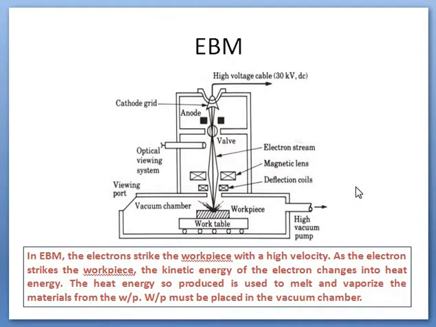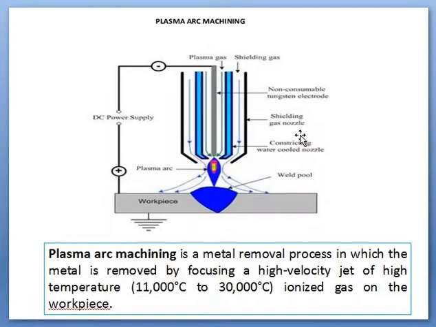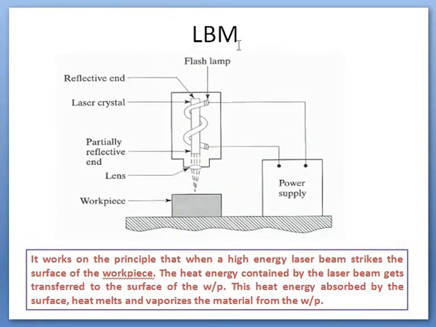The next process is called the electron beam machining process, or in short the EBM process. In the EBM process, again the same principle we are using. In the previous one, the laser beam machining process, we are utilizing the energy of a laser to remove the material from the workpiece.